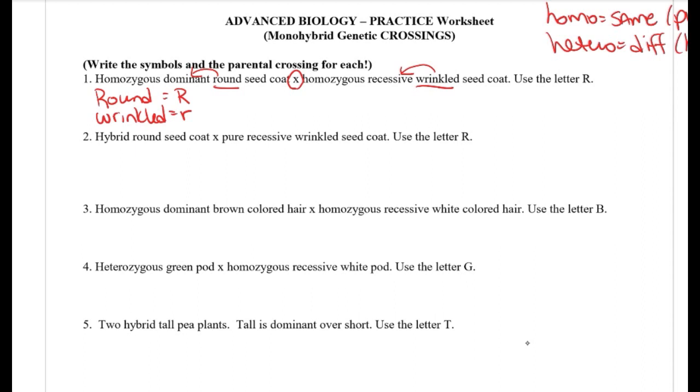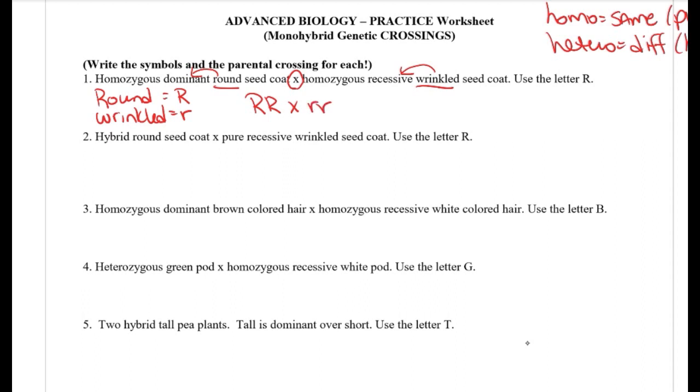Homozygous means the same, so homozygous dominant round, I'm going to have two capital R's. There's my cross, and my second parent is homozygous recessive wrinkled. So homozygous again means the same, so two lowercase r's.